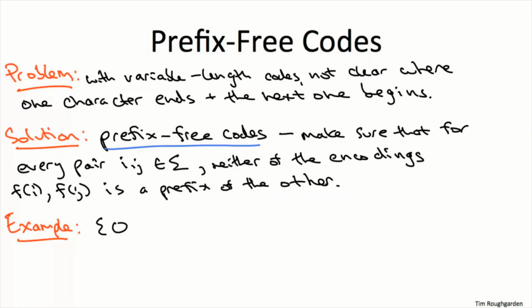But we can get away with that. So let's encode a B with a 1 and then a 0. And now both C and D better have the property that they start neither with 0 nor with 1, 0. That is, they better start with 1, 1. But let's just encode C using 1, 1, 0 and D using 1, 1, 1. So that would be a variable length code. The number of bits varies between 1 and 3, but it is prefix-free.